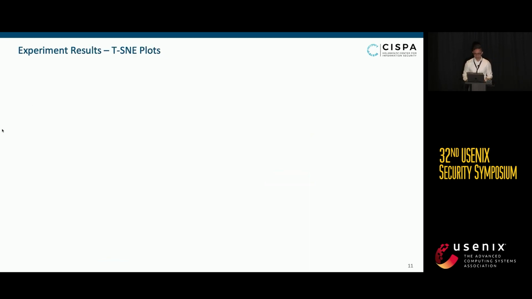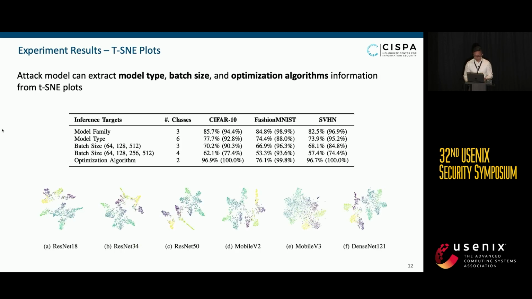Now I'll present some of the results we found. First, we'll take a look at inferring model information from t-SNE plots, given the target model uses a popular architecture such as ResNet or VGG.